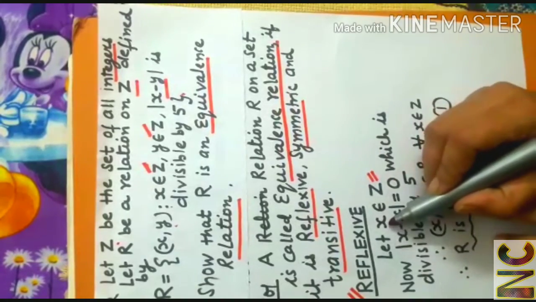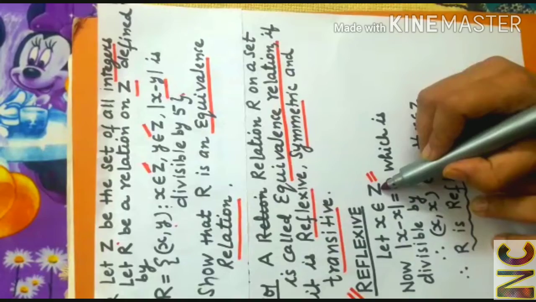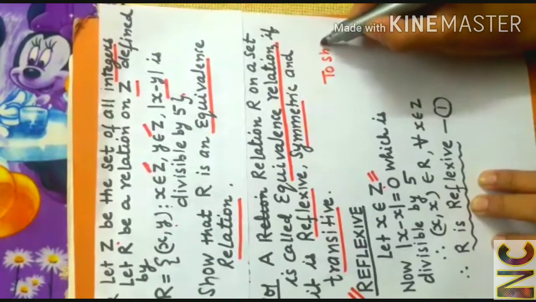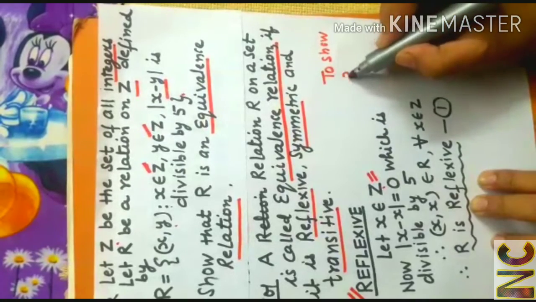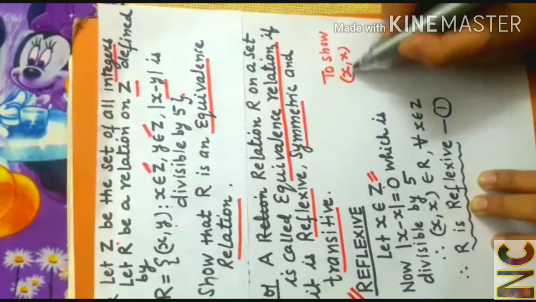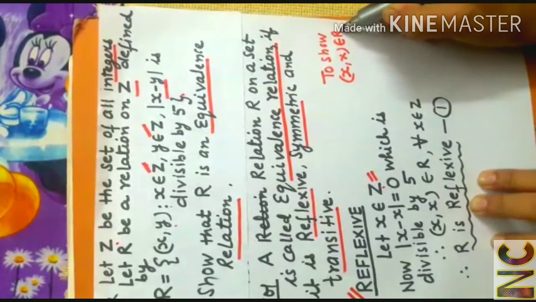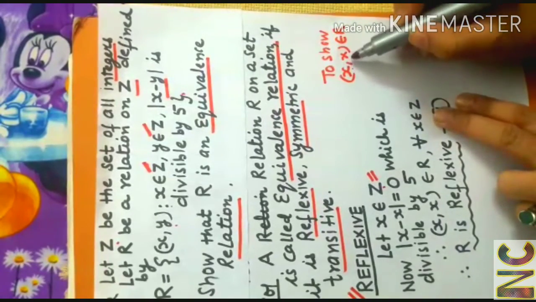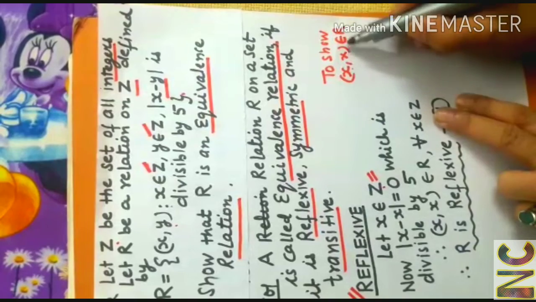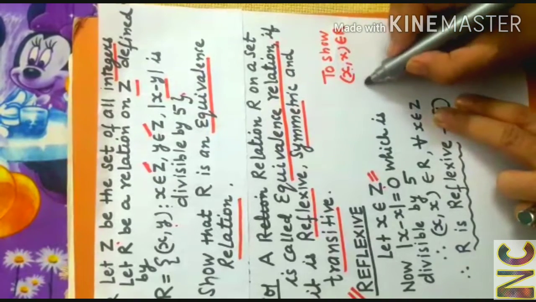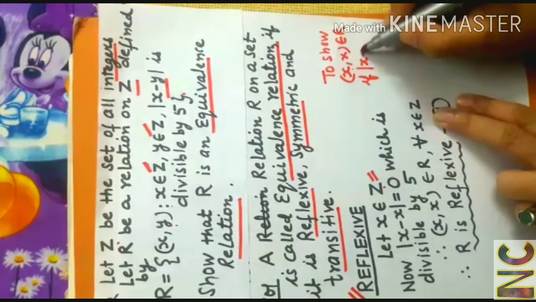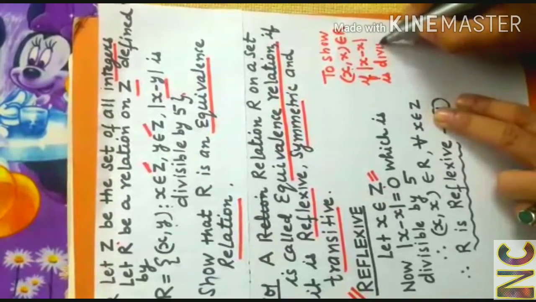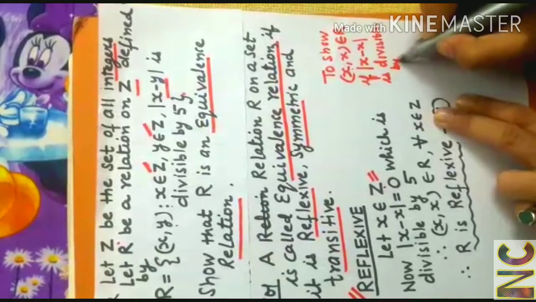So I take any element x in the set Z. Now I have to show that x, x belongs to R. Now look here, x, x will belong to R if this is divisible by 5.